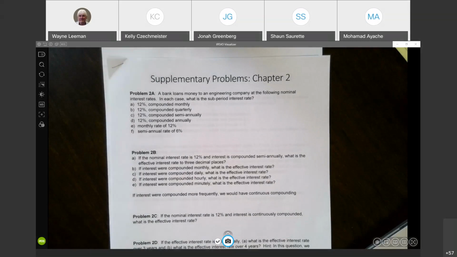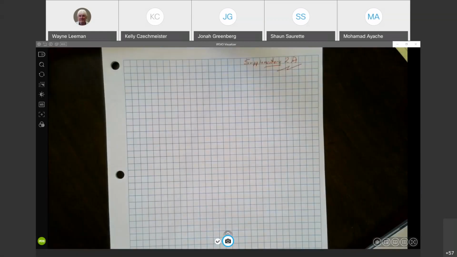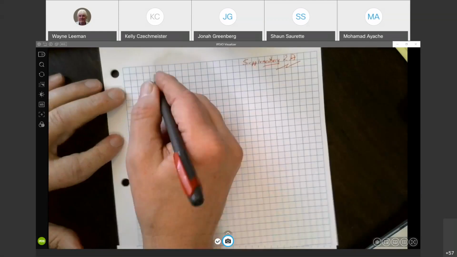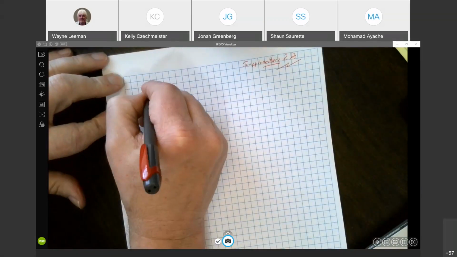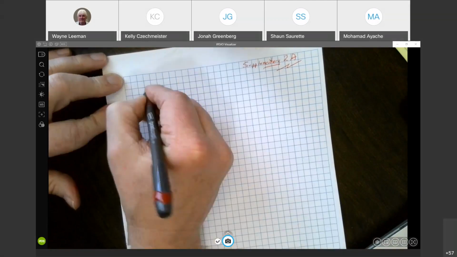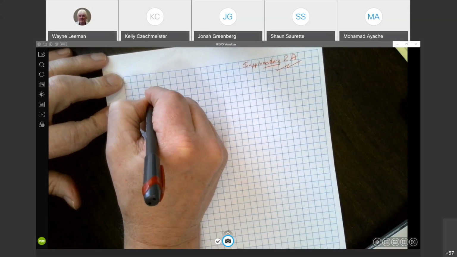So that's what we have to solve here. What is the sub-period interest rate? So if we take a look at problem 2A, the formula we're going to use for this that you've acquired, I'm just going to put this up here where I can see it. The sub-period interest rate will be i, that's an interest rate, that's what we're dealing with, little i or lowercase i, with a small s beside it.